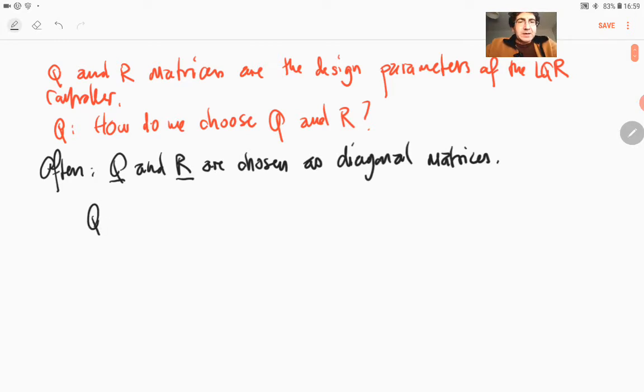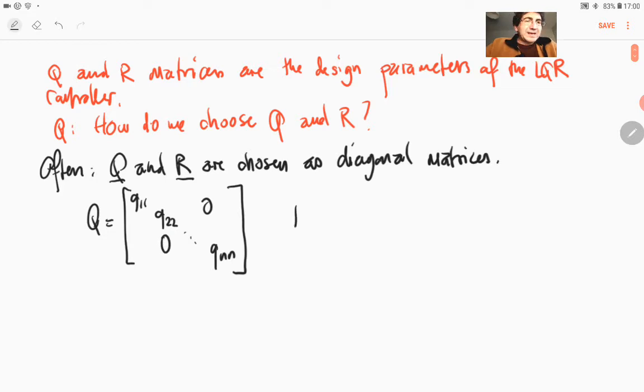Okay. If we select Q and R as diagonal matrices, we can still have an idea about which one of the inputs or which one of the states we care more about than the other ones.